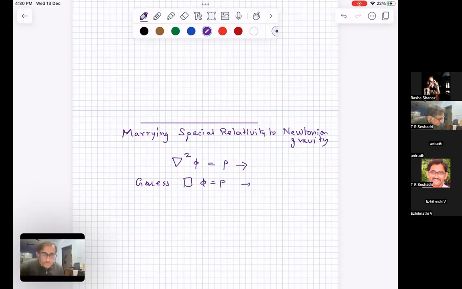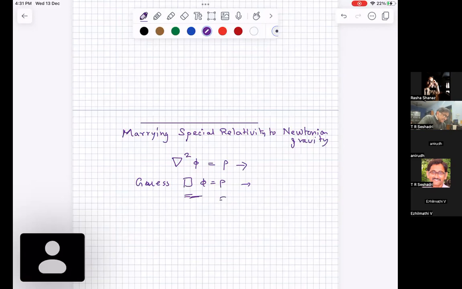The problem is this. This is a scalar object, whereas density in special relativity is not scalar. It depends on the frame. To see it in a very simple way, suppose you have something moving at some velocity, there is a length contraction. So the density increases because the volume is contracting for the same mass.